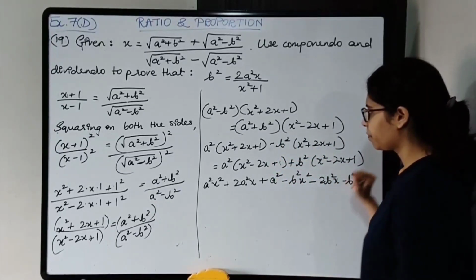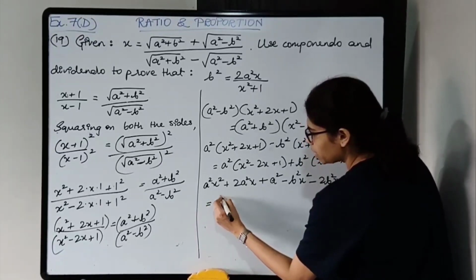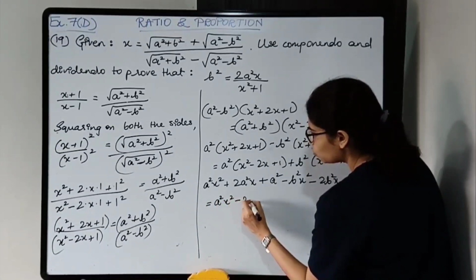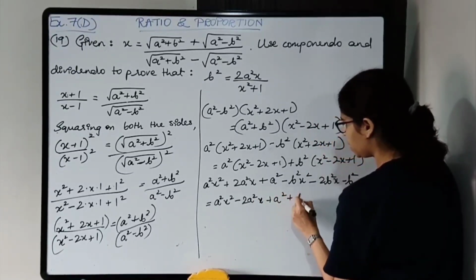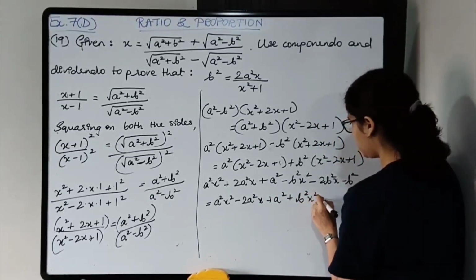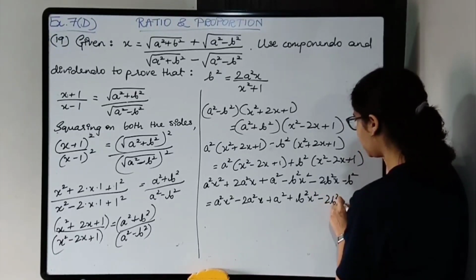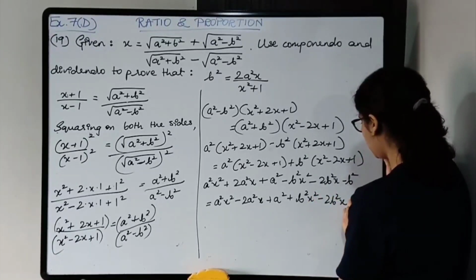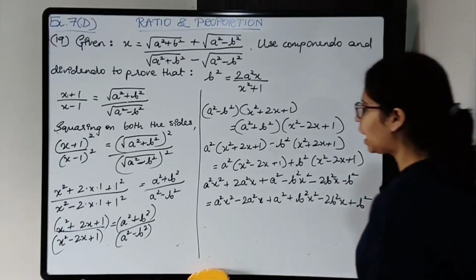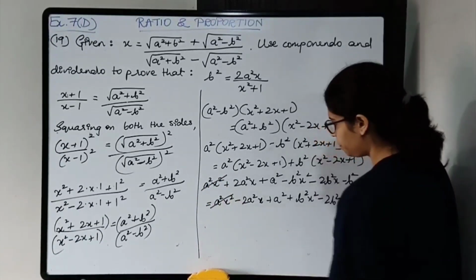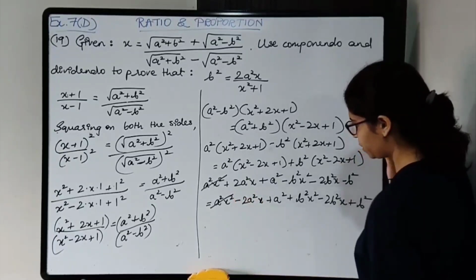Okay. Is equal to a square x square minus 2a square x plus a square plus b square x square minus 2b square x plus b square. I can cancel out a square x square. This I cannot, signs are opposite.